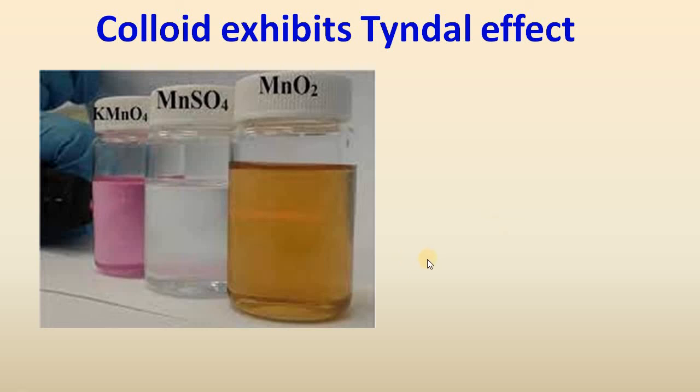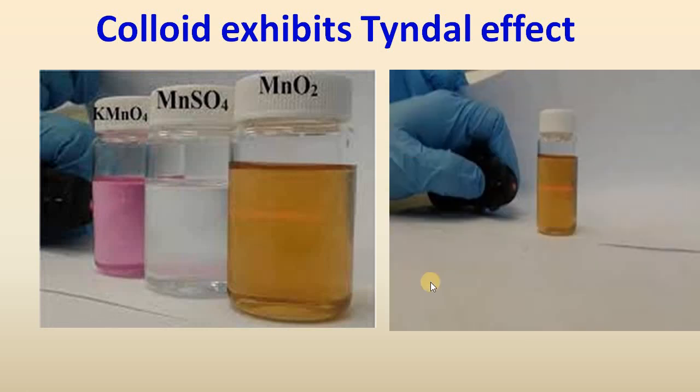Well, when light is passed through potassium permanganate and manganese sulfate, it is showing that light is not being scattered. On the other hand, while light is passed through colloidal manganese dioxide, it is being scattered due to colloidal particle size. Thus, it is clearly seen that colloidal particles exhibit Tyndall effect.